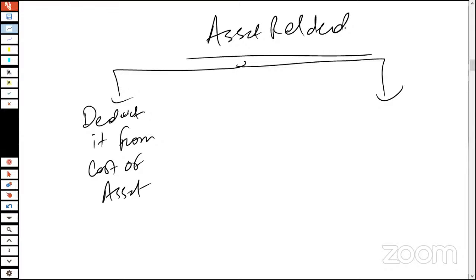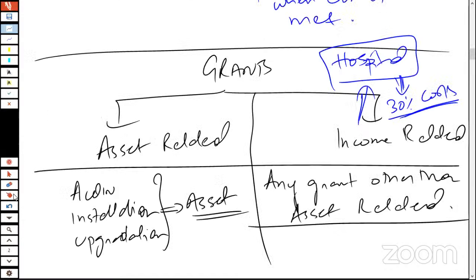I'm going to repeat. I just repeated that the asset related grant is the grant which is being paid by the government to you on the acquisition or on the construction or on the installation of an asset. Let's move a bit forward.